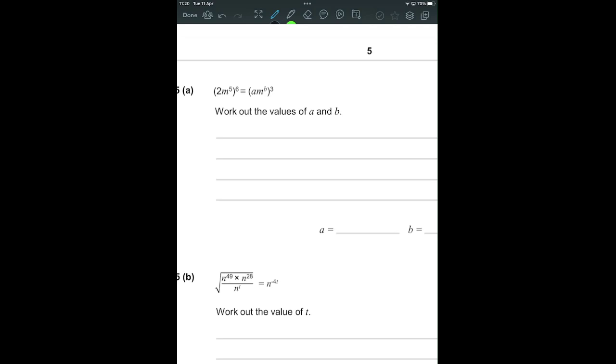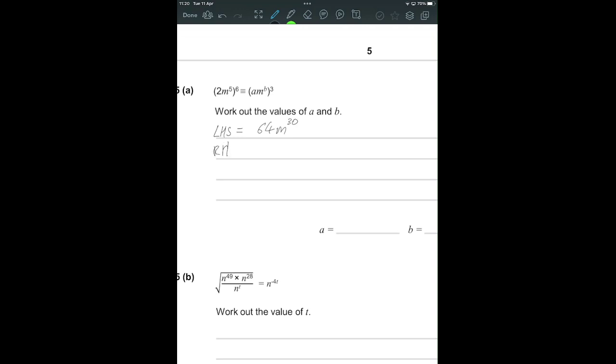I'm going to work out both sides separately so I can compare them. The left hand side, I've got 2 to the power of 6. 2 to the power of 6 is 2 times 2 is 4, 8, 16, 32, 64. And then m to the power of 30, multiply the powers there.